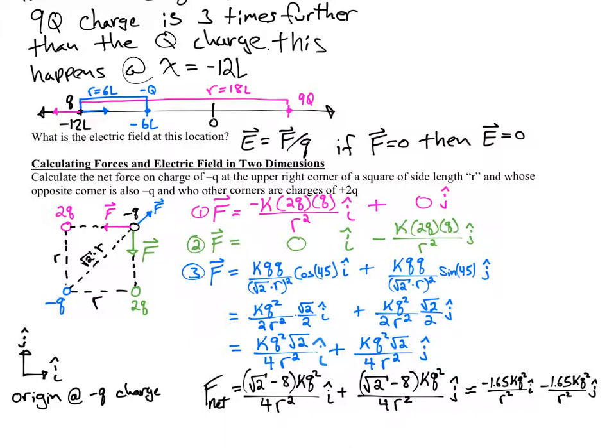Well, we know that the force should be negative because this going down is larger in magnitude than this one going up, because this distance here is shorter than this distance here. And this one going to the left is bigger than this one that goes up and to the right, because this distance is shorter than this distance. So we should expect that both of these are negative, which they are, and they're negative 1.65 kq squared over r squared.